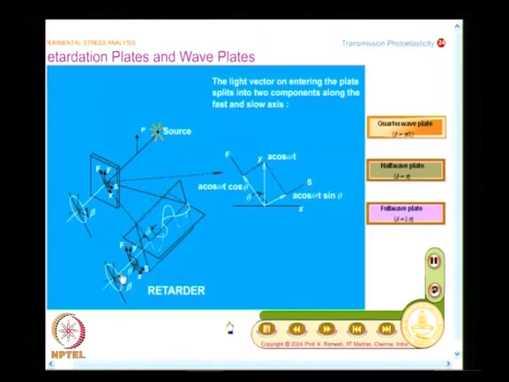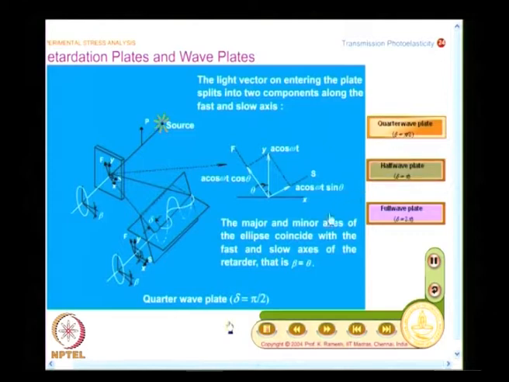And we have seen that by changing delta, the characteristic of the ellipse can change. There are a few important cases which are relevant to photoelastic analysis, and we keep using an optical element called a quarter wave plate. The name signifies that it introduces a retardation of delta equal to pi by 2, and this is essentially a crystal plate. The property is the same at every point on the body of the crystal plate.